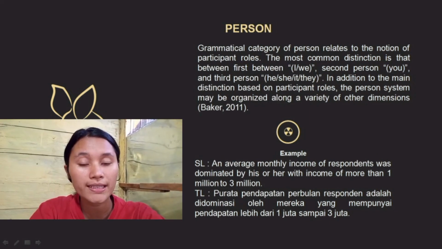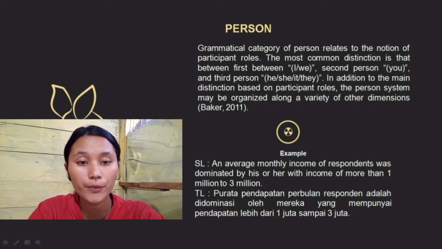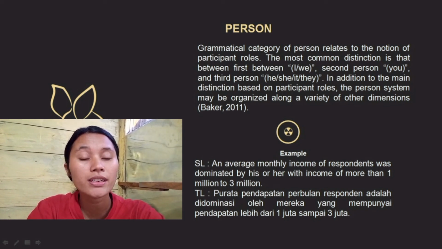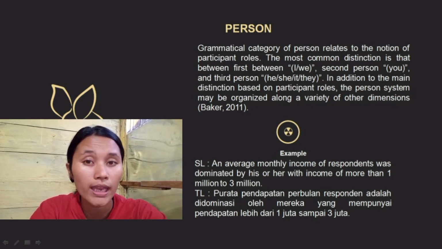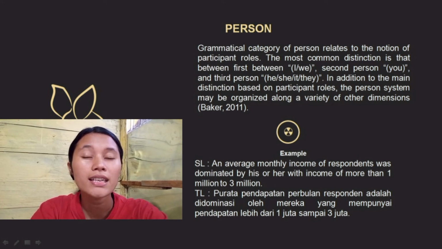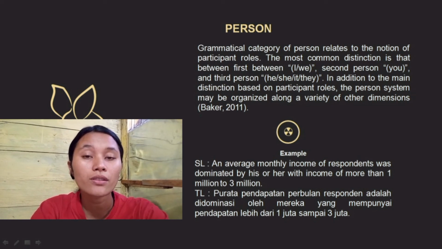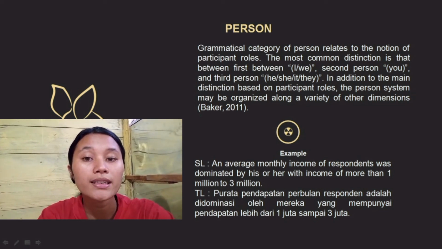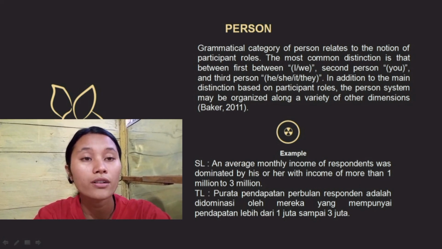Third is person. The grammatical category of person relates to the notion of participant roles. The most common distinction is between first person, that is I or we, second person, which is you, and third person, which is she or he or they. In addition to the main distinction based on participant roles, the person system may be organized along a variety of other dimensions.